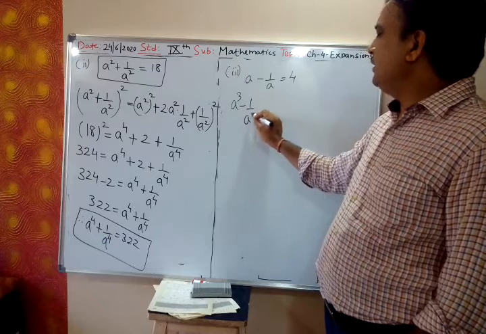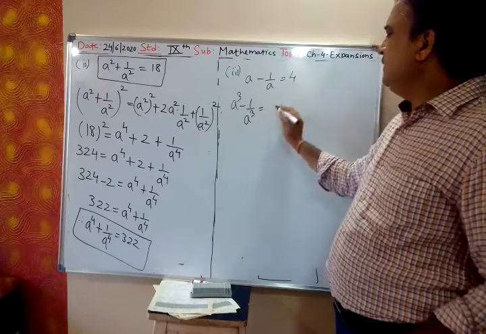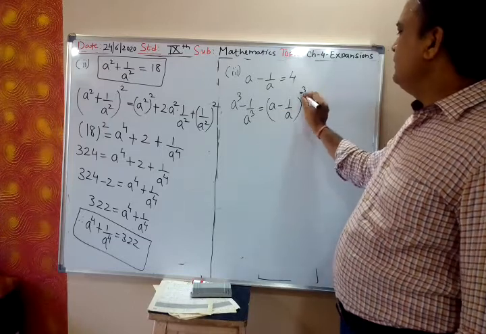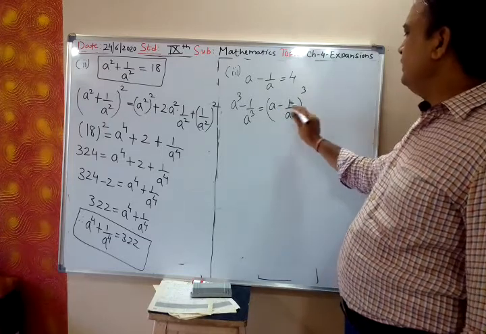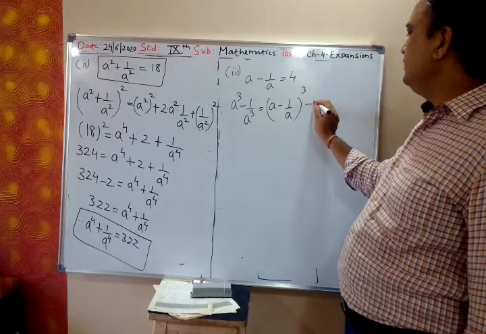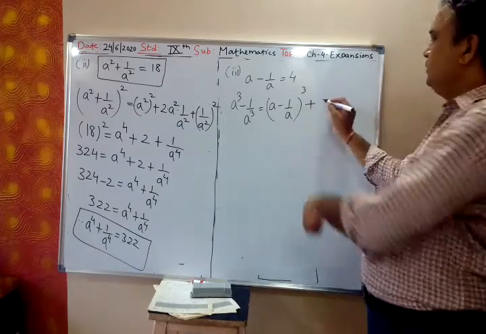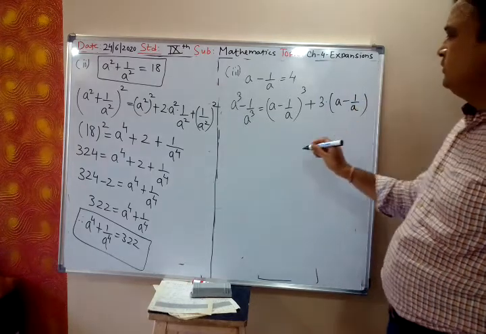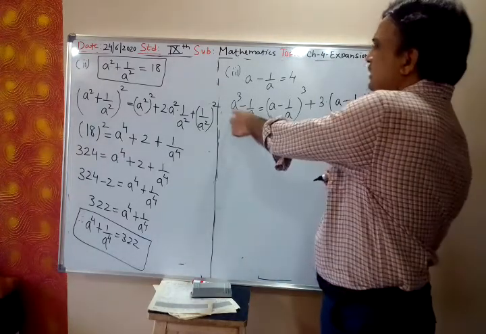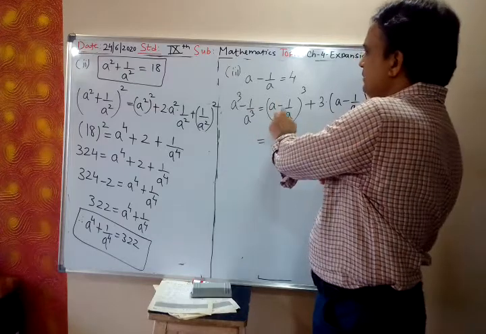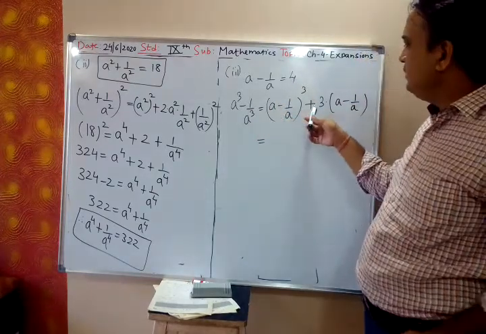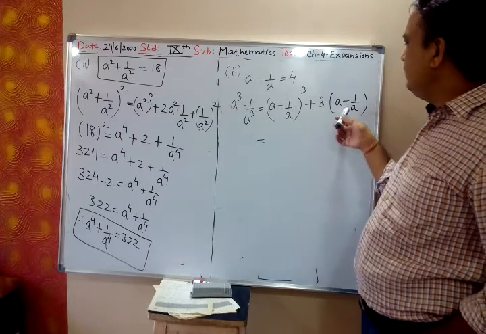We use the direct formula. That is a minus 1 upon a whole cube, then inside the bracket we have minus, outside we write plus, 3 into a minus 1 upon a.